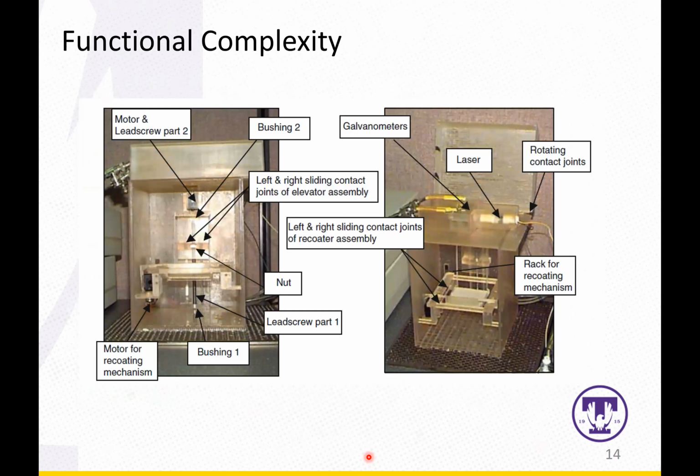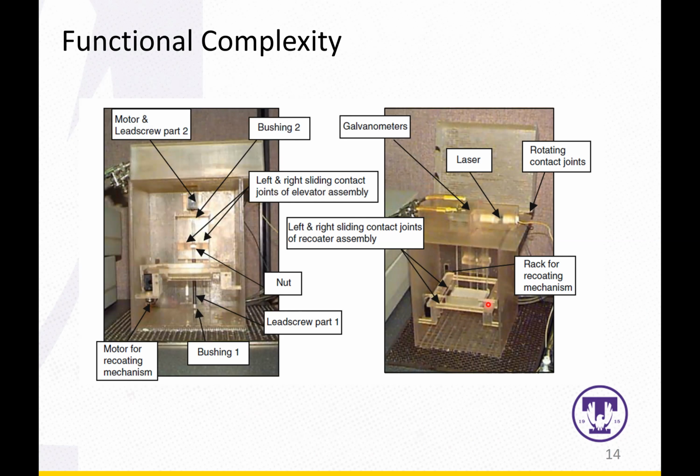And also some functional complexity could be achieved, meaning instead of just material function, there could be component function, like the case shown here. Basically, you could see an additive manufactured small machine.